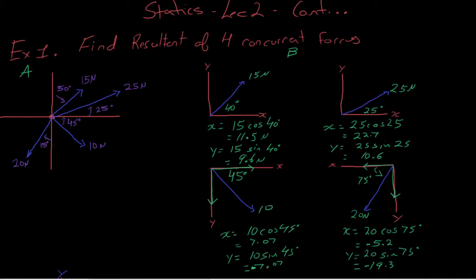So let's add up the sum of the x forces and the sum of the y forces, and that will give us the components of our resultant. Let's add up all the x forces.